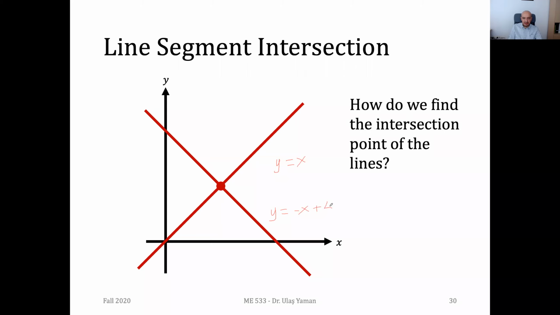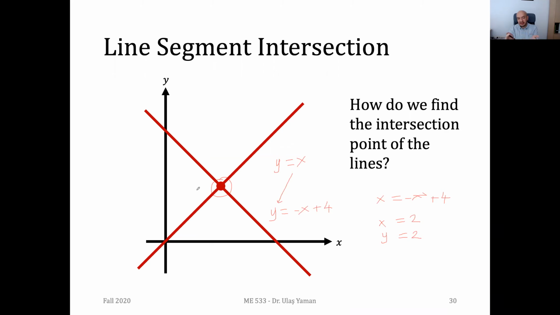As your friend pointed out, we substitute this expression into the other one, and things are going to be simplified. So x will become equal to 2. And since this is the y is equal to x line, y will also be equal to 2. And this is the coordinate of the intersection point.